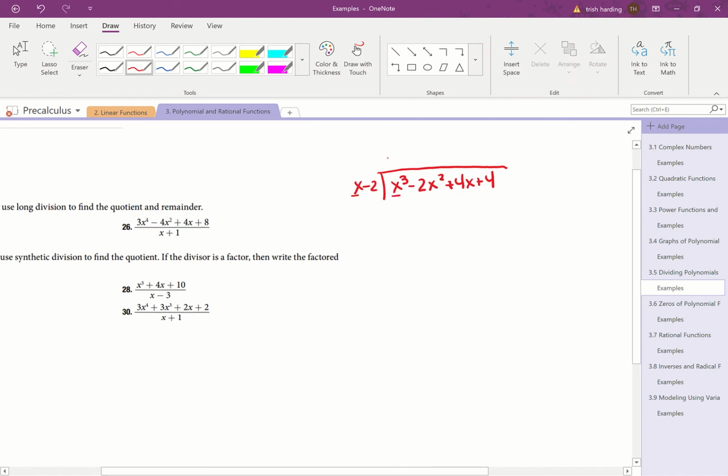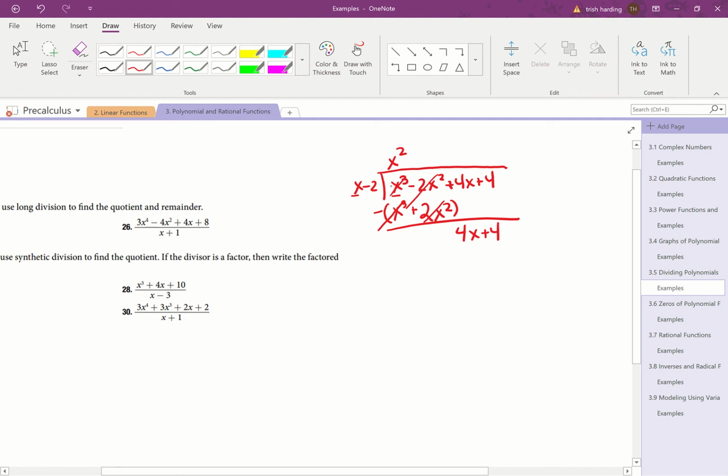So I need to multiply x by x squared to get x cubed. So that's x cubed minus 2x squared. This will become positive. They go away also. And I'm left with 4x plus 4.